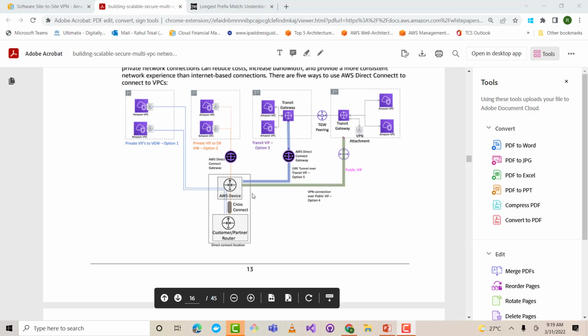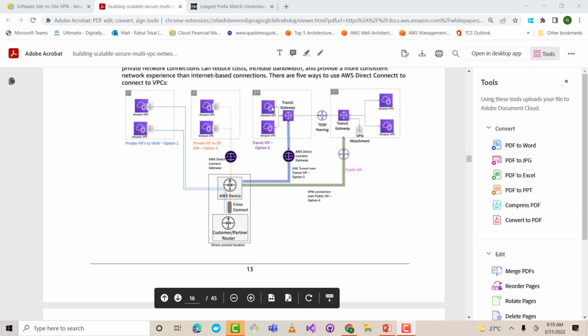Now the third option that you have is using the transit VIF. What this does is you establish the connectivity to your data center using the direct connect gateway, which uses the transit VIF to connect to the transit gateway in your network account, and then each VPC is connected to this transit gateway using a transit gateway attachment.